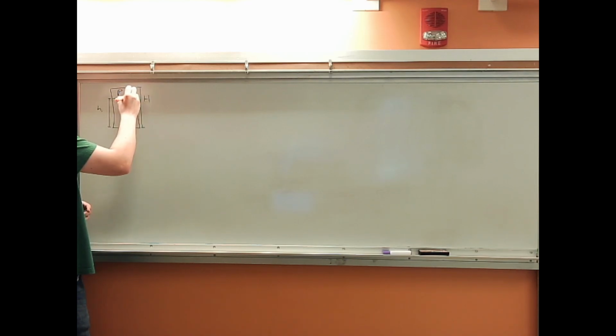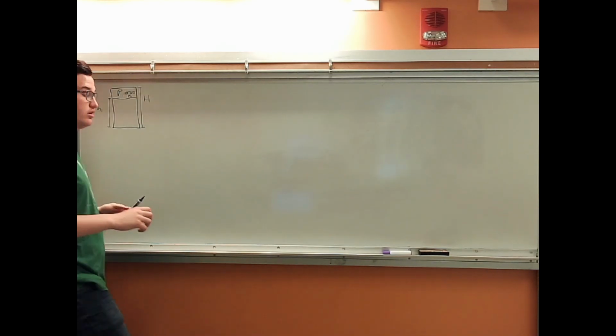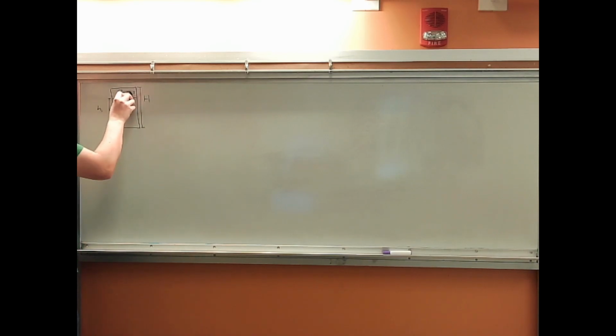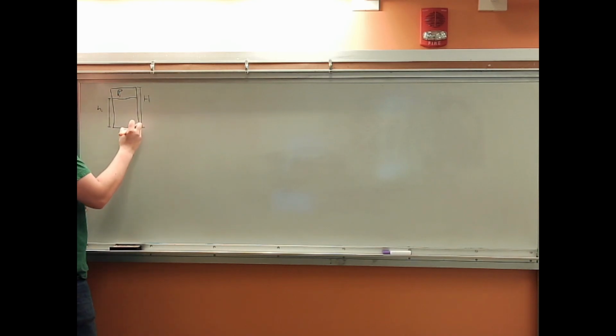101,325 pascals. Actually, let's note this as P1, and we've got a little hole down here, which water is draining out of, and we'll note that arrow as it's draining out.